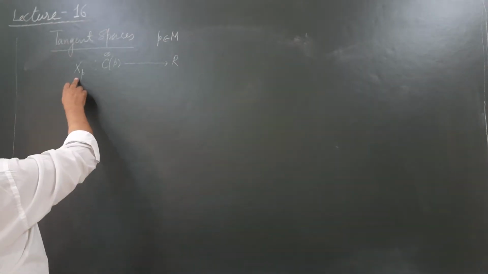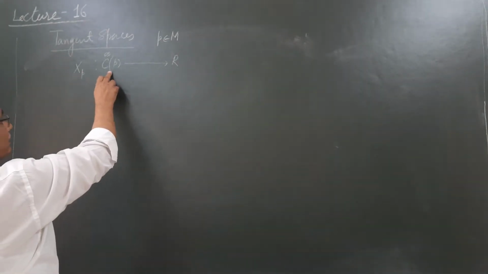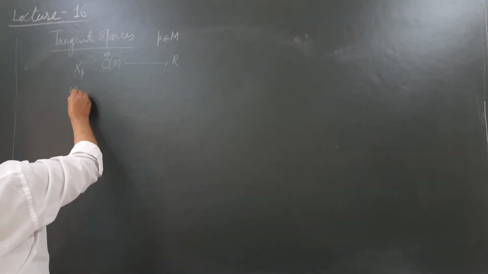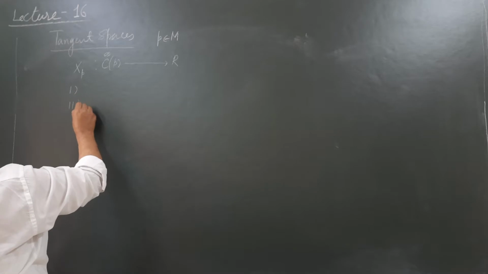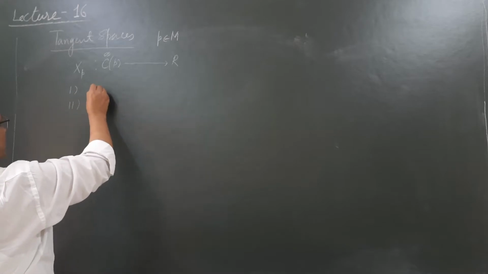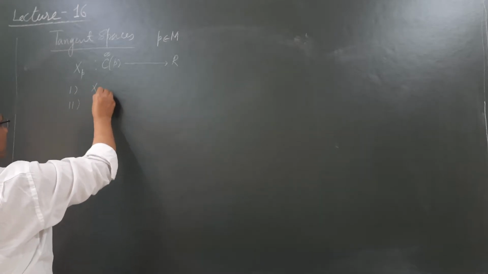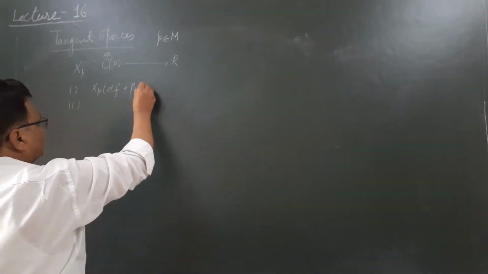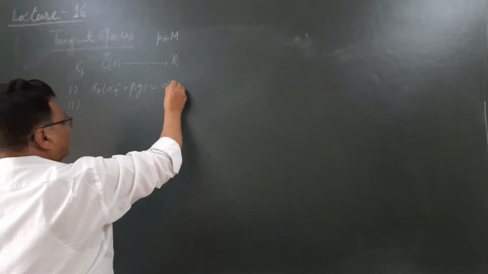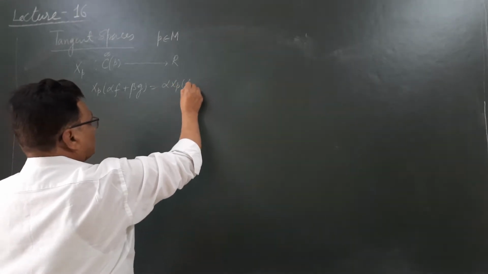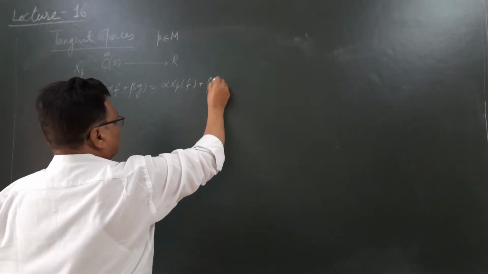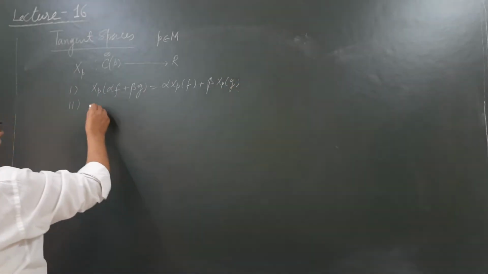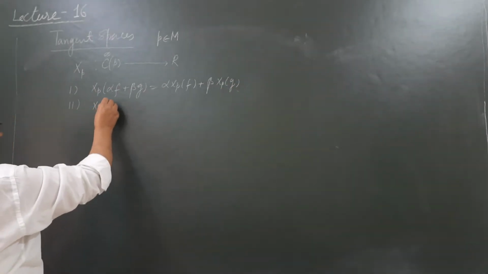And the tangent vector, which is being treated as a map from C infinity P to R, satisfies two characterizing properties. The first one is the linear property: X_p of (alpha f plus beta g) equals alpha times X_p f plus beta times X_p g. The second property is the Leibniz property.